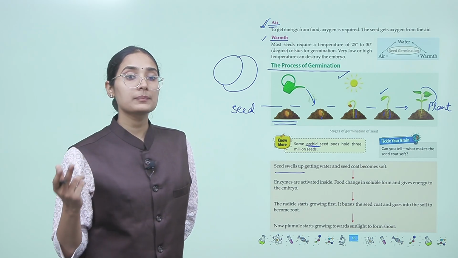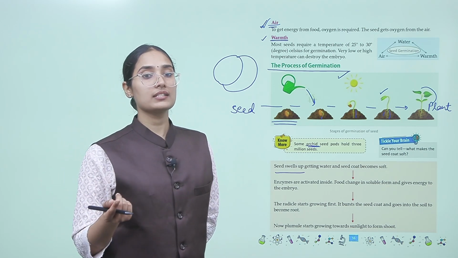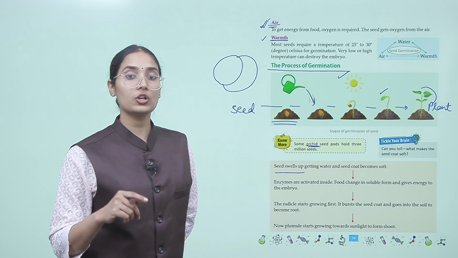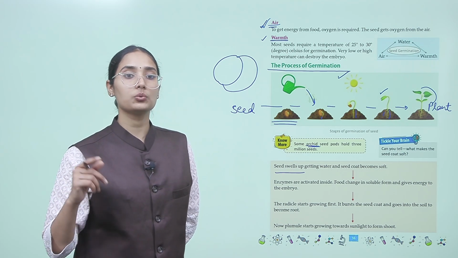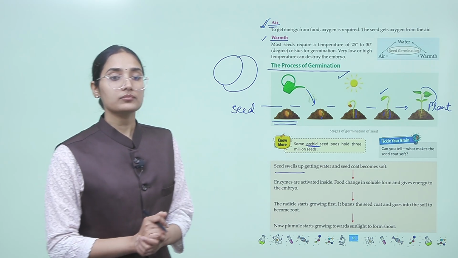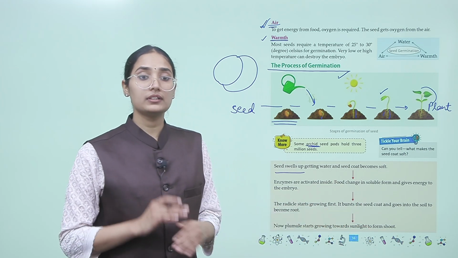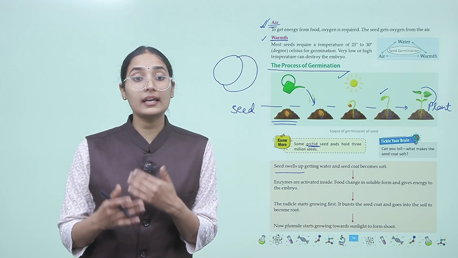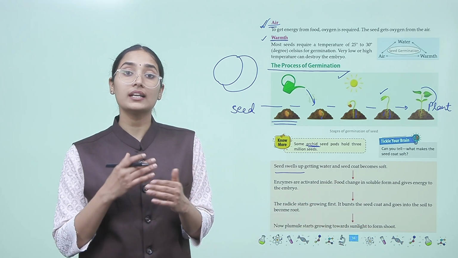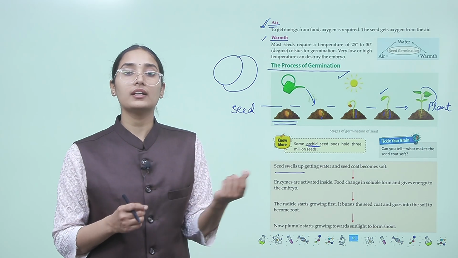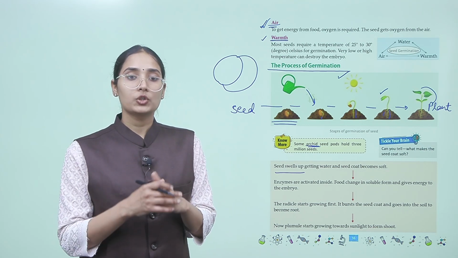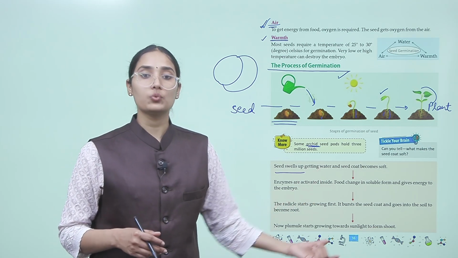Next, what happens? Enzymes are activated inside. Food changes into soluble form and gives energy to the embryo. Now, after it becomes soft, certain enzymes get activated, right? Certain chemical reactions get triggered inside through which it starts to get the food.